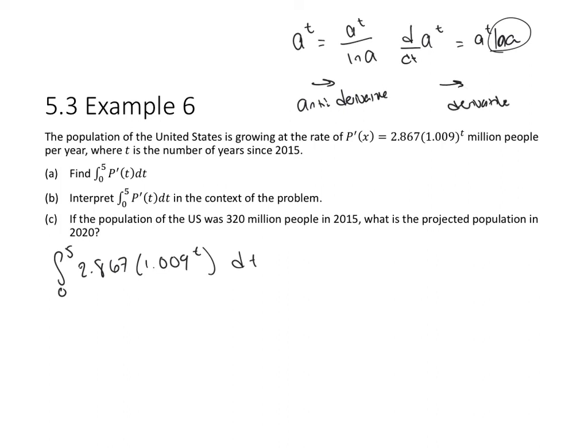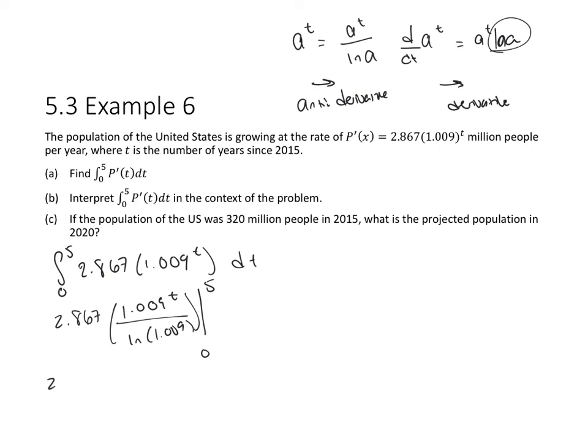Okay, so the 2.867 is just going to come along for the ride. I'm not even going to worry about it. So it's going to be 2.867 times 1.009 to the t over ln of 1.009, and that's all evaluated between 0 and 5.